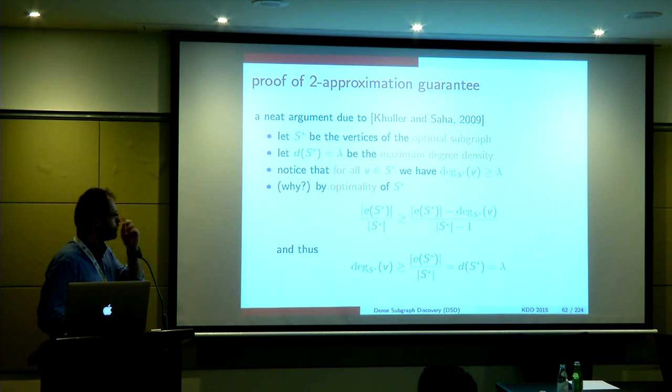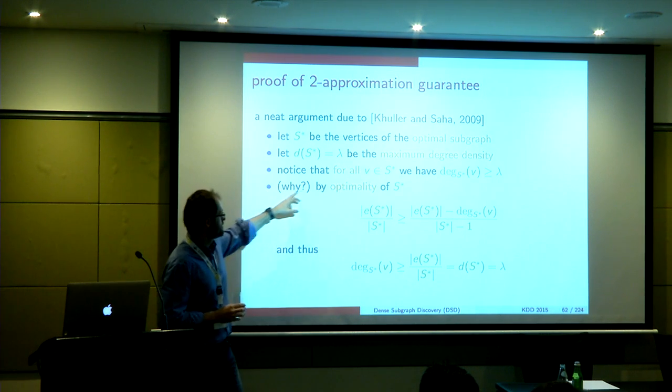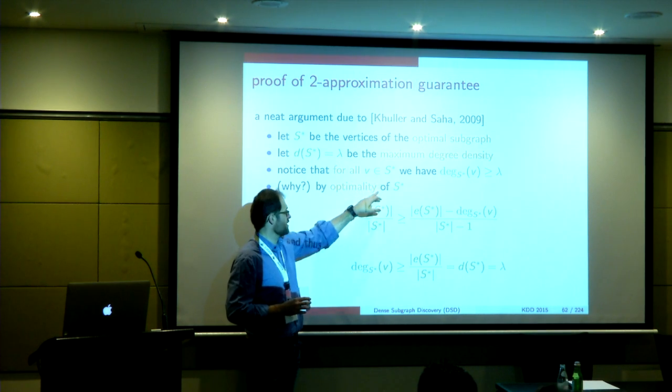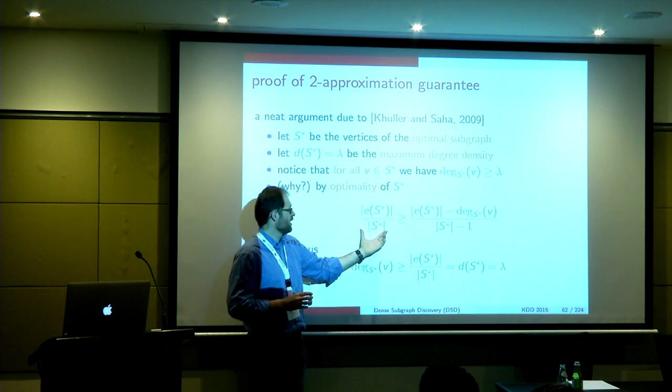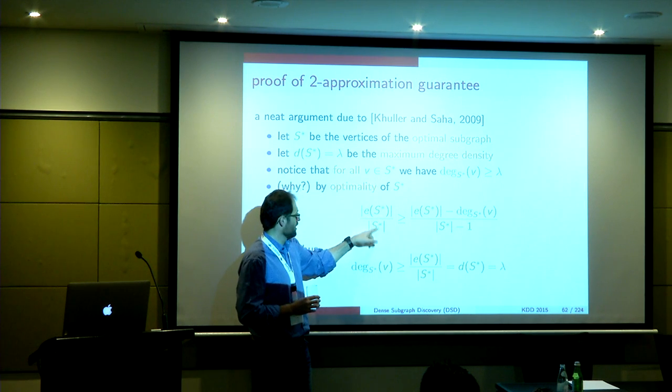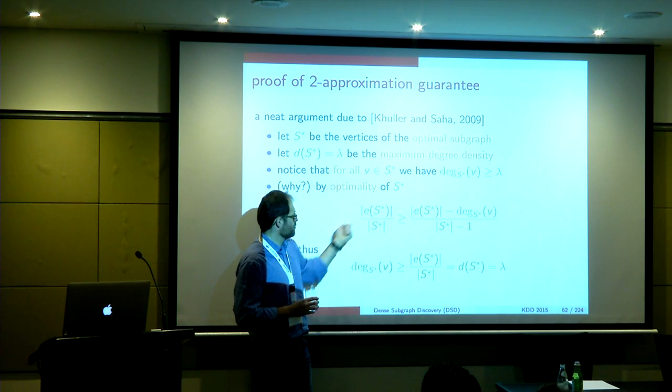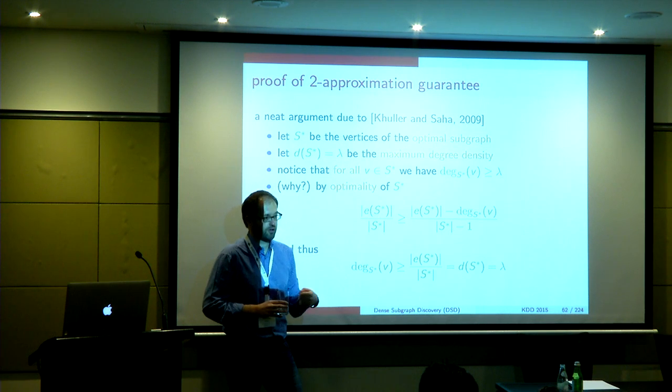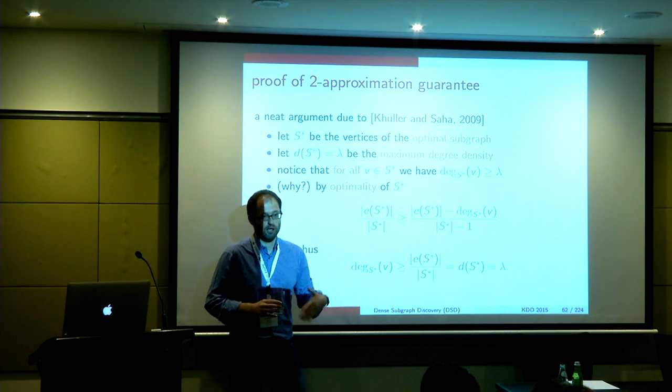Okay? So why is this so? This is because I assume that this S star is optimal. So since S star is optimal, I know that if I remove any node, the density is not going to increase, let's say. Right?